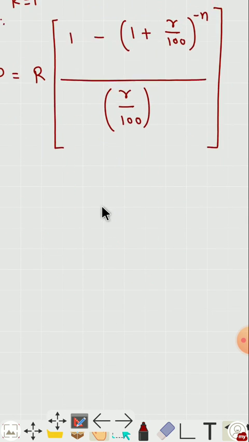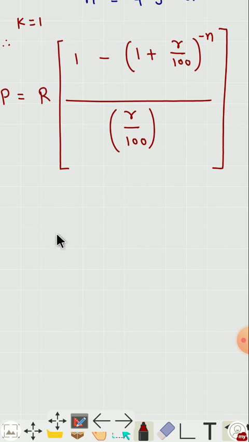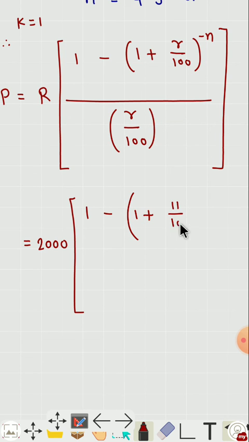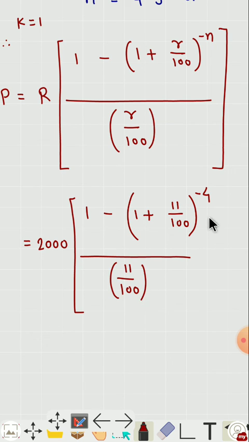In this formula we put the values of all these parameters. So the value of R is 2000 inside the bracket, 1 minus (1 plus 11 divided by 100) raised to the power minus 4 because n is 4, divided by 11 divided by 100, and bracket complete.